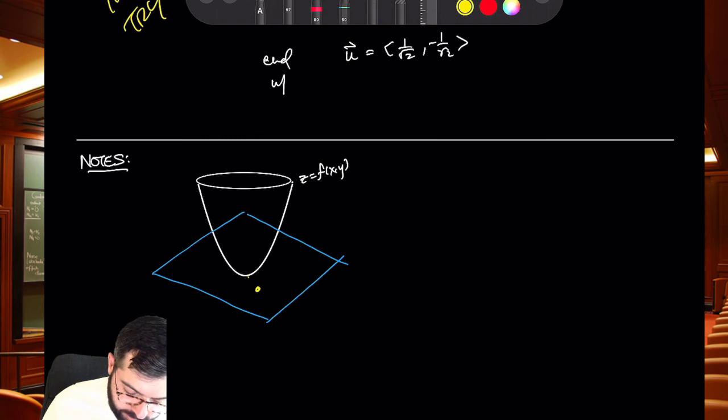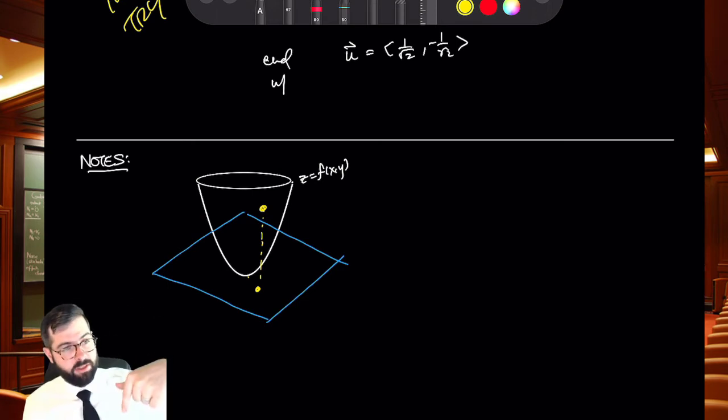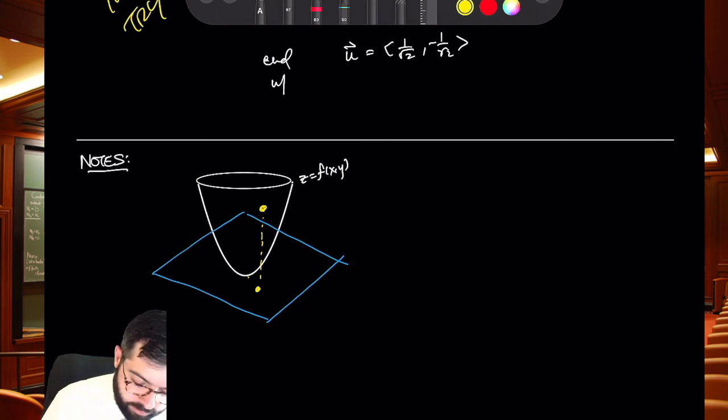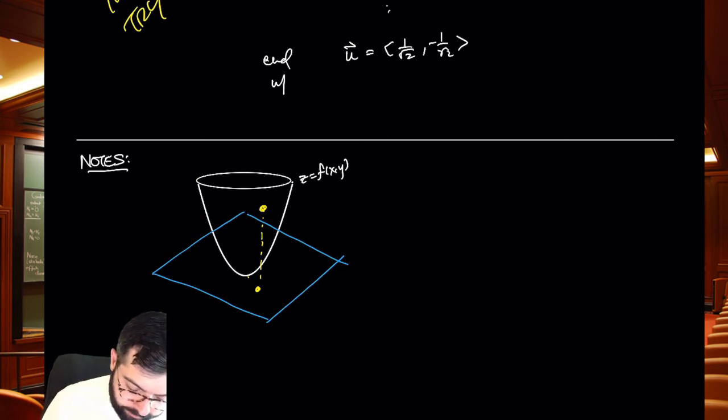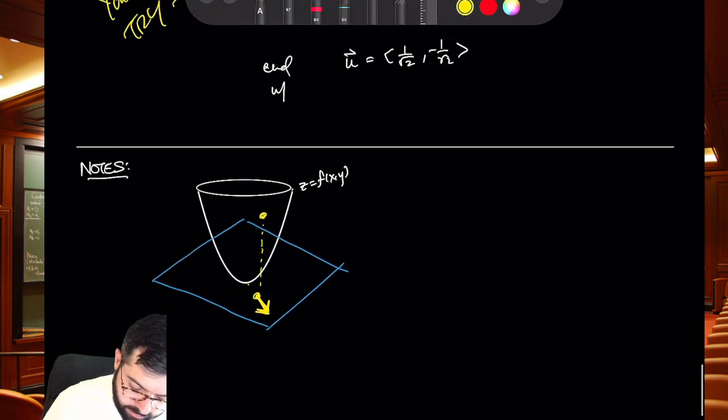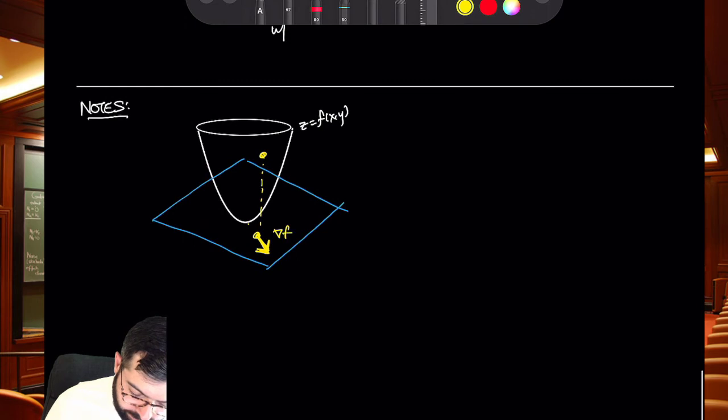Let's say I'm at some point here that's projected up to the surface, or on the surface projected down to the plane. It's like this vector here. I'm making it huge so you can see it. This vector here is the gradient of f.